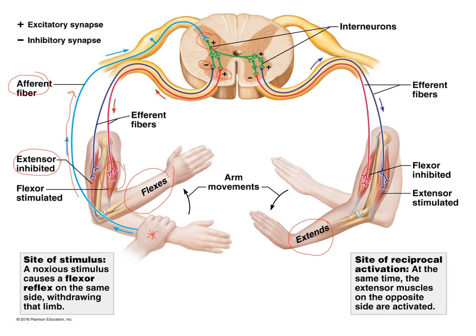On the opposite side, we're going to have the opposite thing happening. So contralateral side, we're going to stimulate the extensors and inhibit the flexors. And that finishes our discussion of peripheral reflexes.